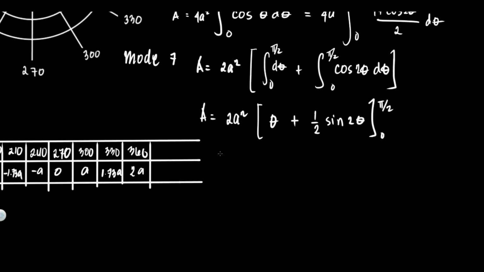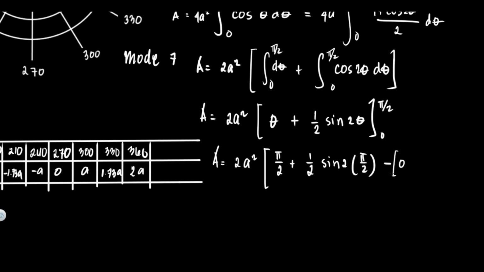So this is equal to, upper limit first, pi over 2. So 2a squared times theta, which is pi over 2, plus 1 half times sine 2 times pi over 2, then minus the lower limit, let's put brackets again, 0 plus 1/2 sine 2 times 0.